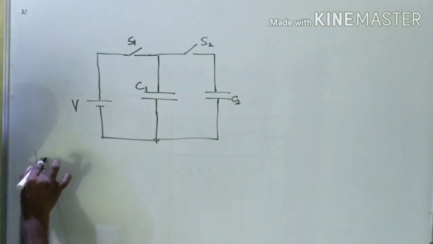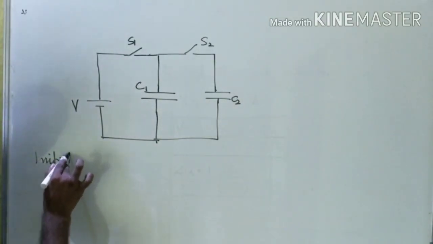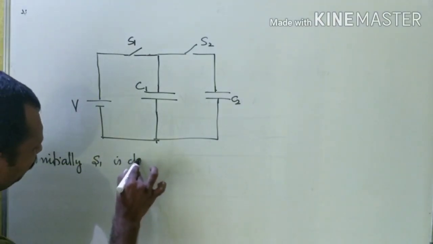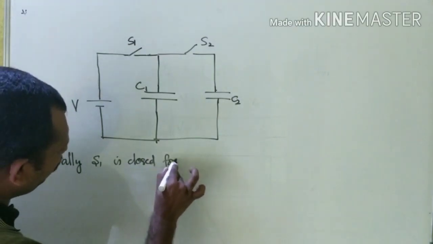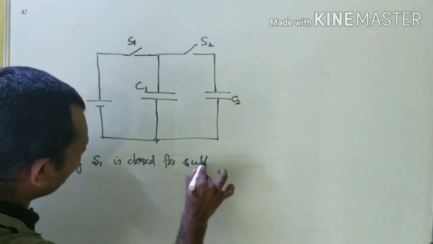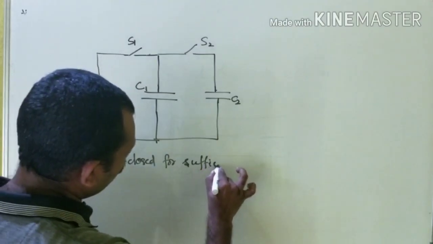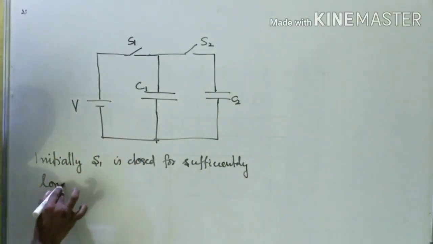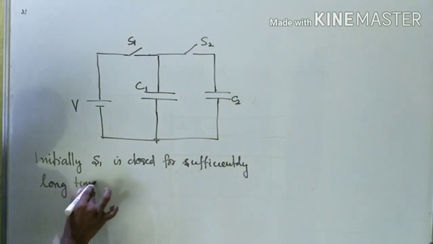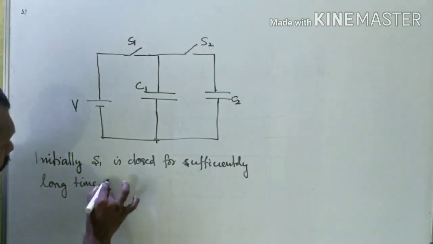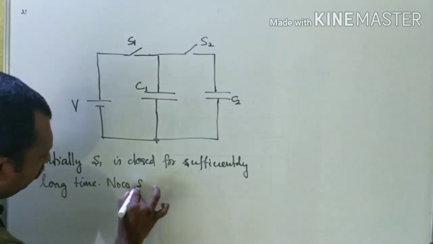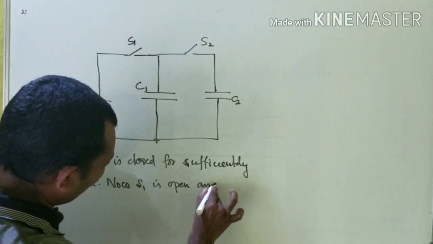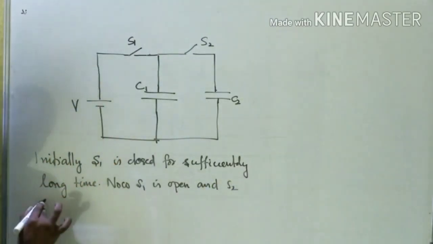The question says initially S1 is closed for a sufficiently long time. Now S1 is open and S2 is closed.